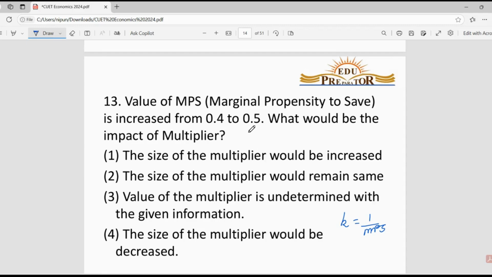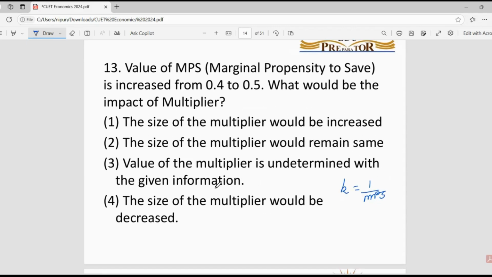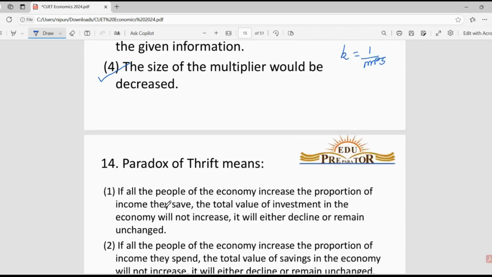This means the value of the multiplier should decrease. So size of multiplier would be increased? No. Size of multiplier would remain same? No. Value of multiplier is undetermined with the given information? No. The size of multiplier would be decreased? Yes. So the correct option is option number 4. The value of the multiplier will decrease if the value of MPS increases.